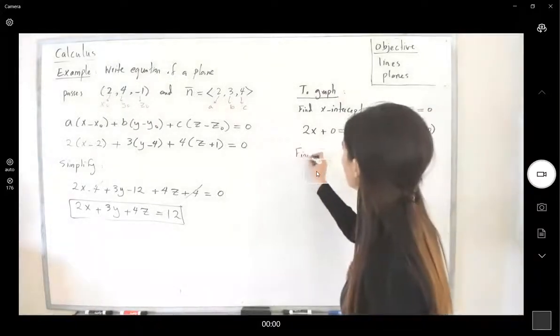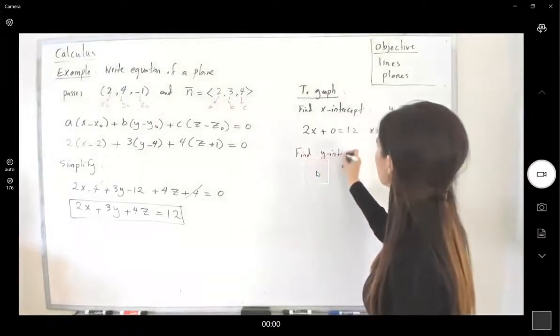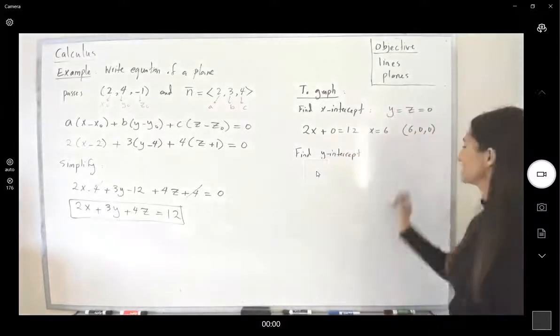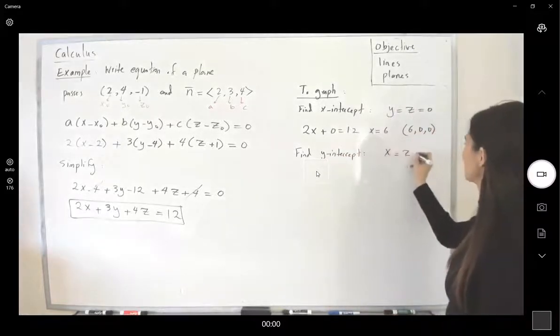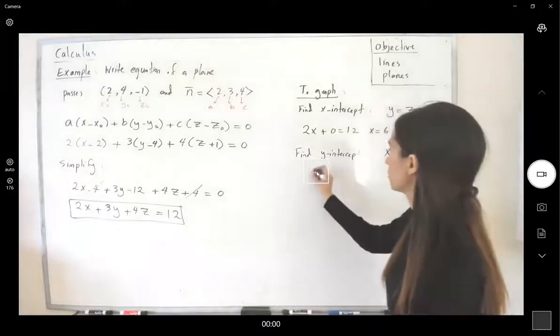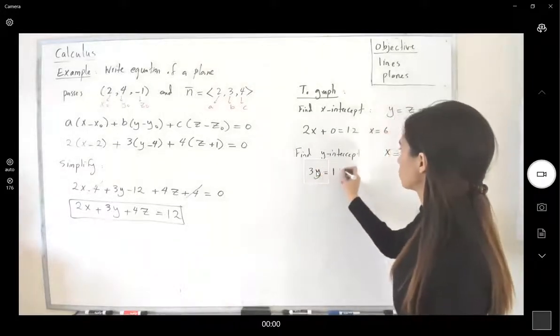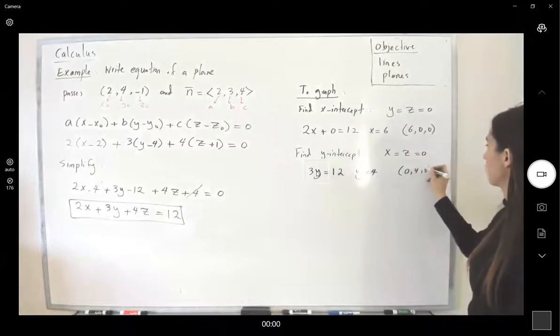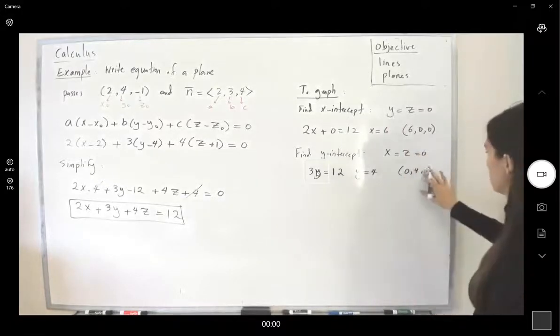Now find your y-intercept. To find the y-intercept, we set x and z equal to 0. So we have 3y equals 12, or y is equal to 4. We get 0, 4, 0.